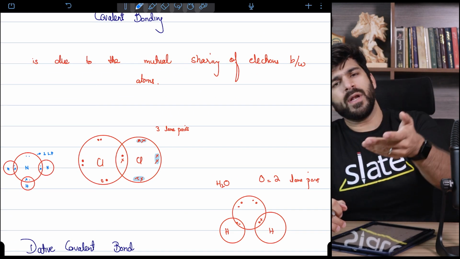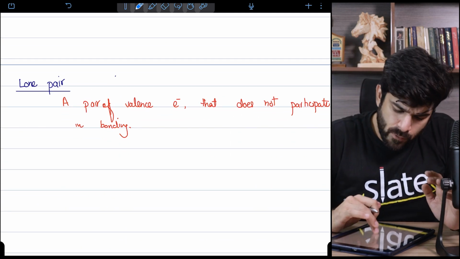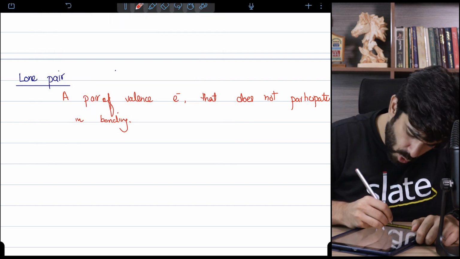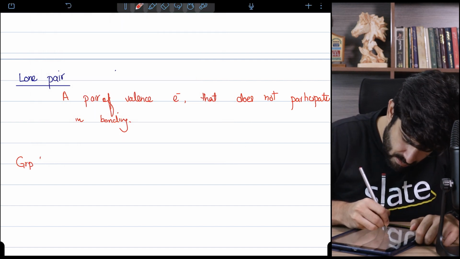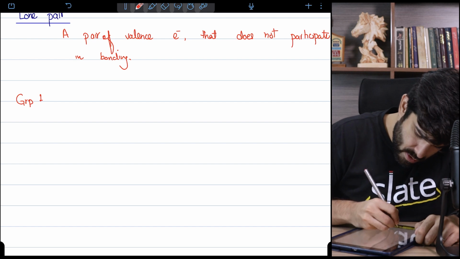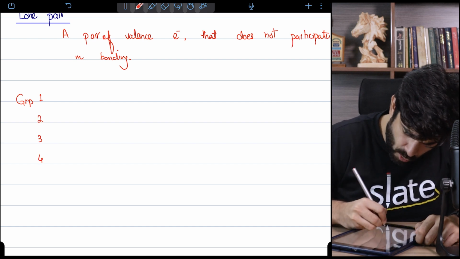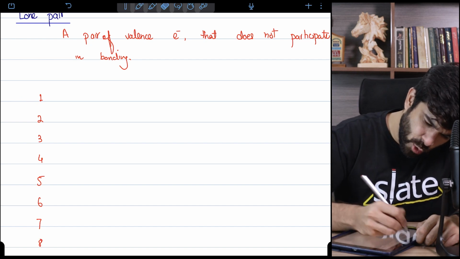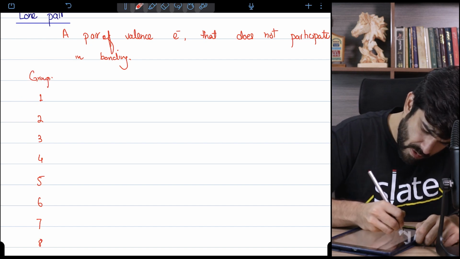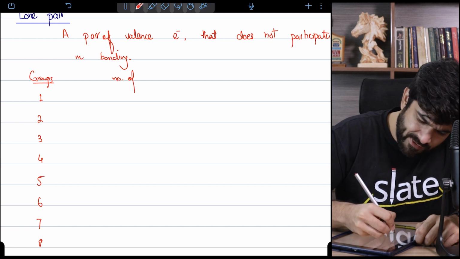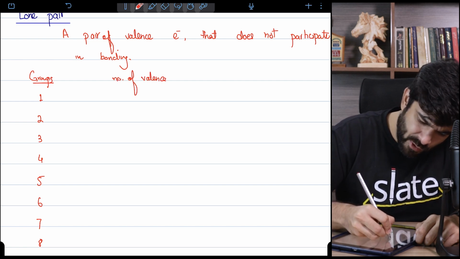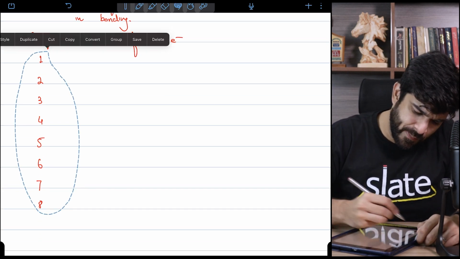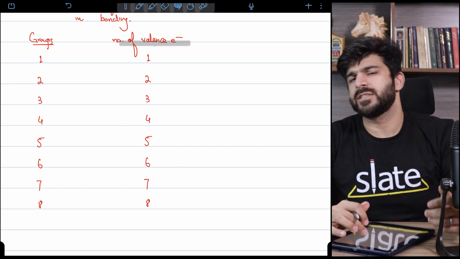So that is what we understand. If I have to show the concept of lone pair, group 1, group 2, group 3, group 4, group 5, 6, 7, 8. We have these groups. Number of valence electrons. That's a very funny thing that we are studying, but the group number is the number of valence electrons. That is something we know already.